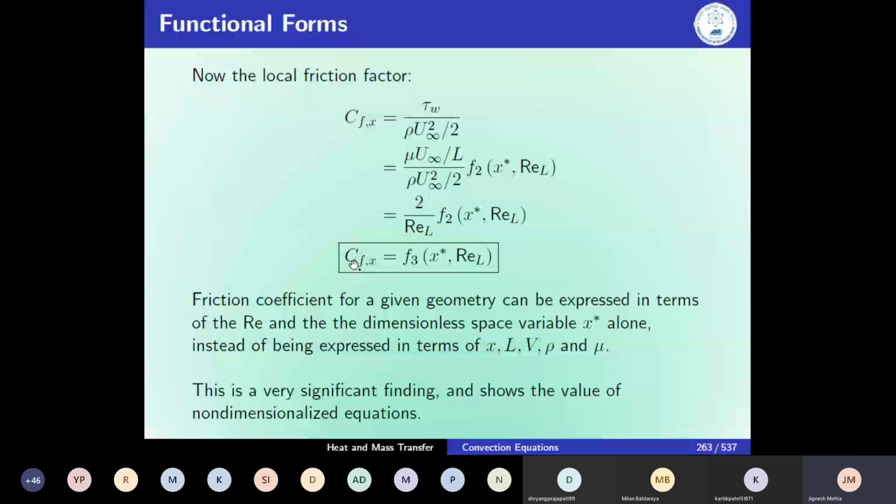Of course there will be a certain range in which that will be applicable. There is a limitation to what value of X you will go up to, and similarly what value of Reynolds number you will go for. So you will have to state those limitations also.